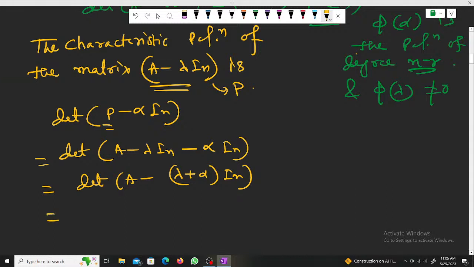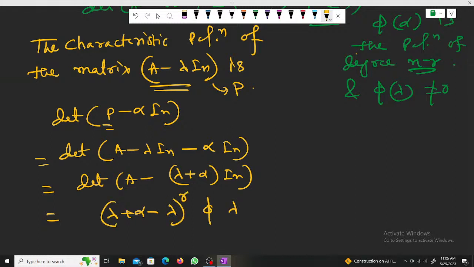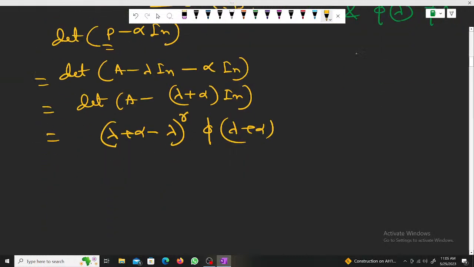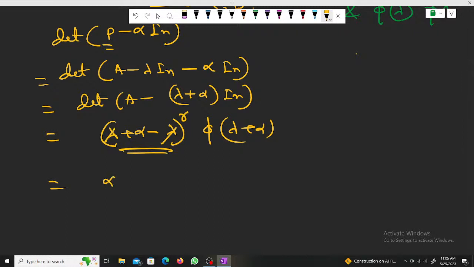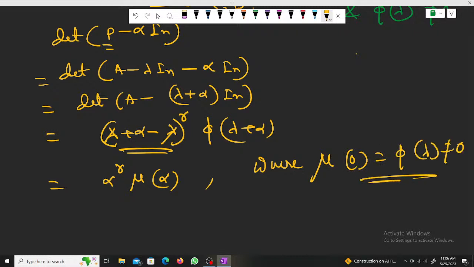Now we can write lambda plus alpha minus lambda to the power r into phi of lambda plus alpha, right? Which is this? This is cancel. Alpha to the power r into mu into alpha, where mu 0 is equals to phi of lambda not equals to 0, right?